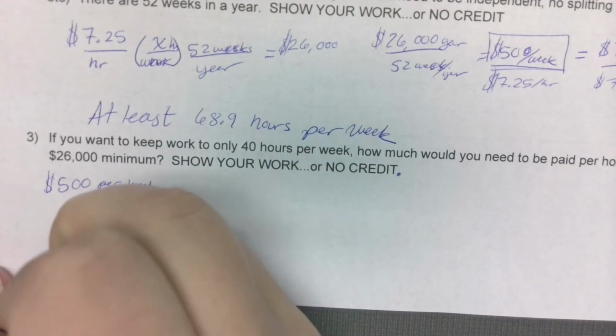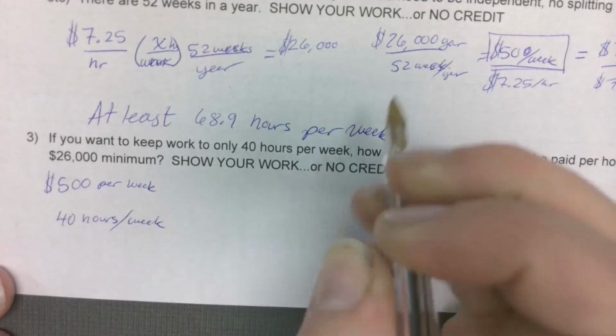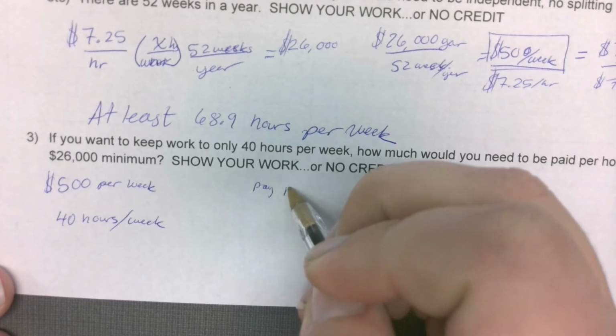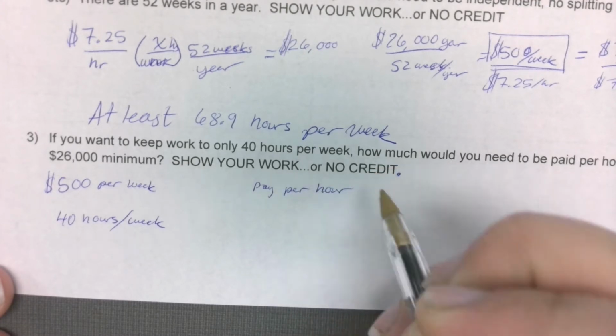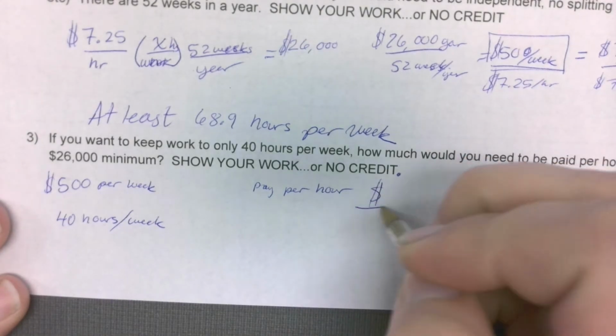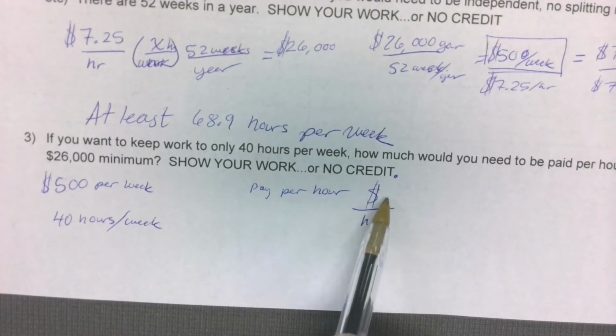And I'm working 40 hours per week. I want to know pay per hour. How could I figure that out? If I do, that would be hours per pay. So pay per hour means money on top, hours on the bottom. Anytime you see per, that means division.